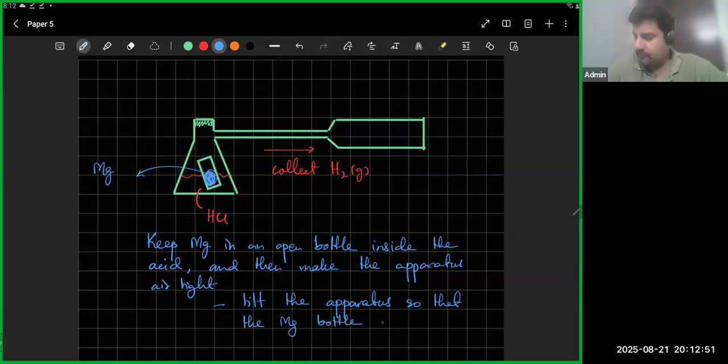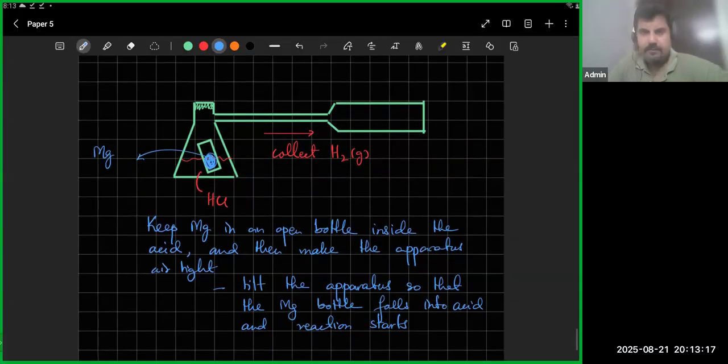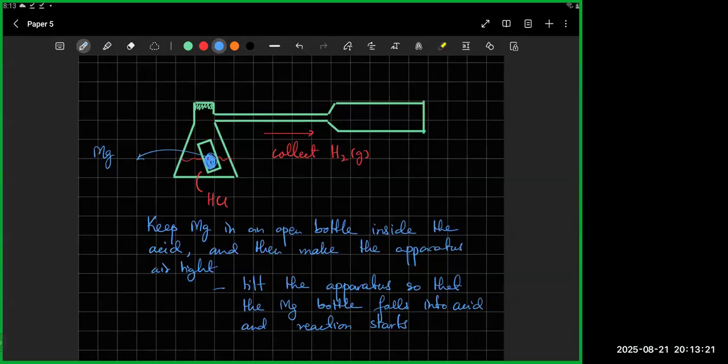Yeah, it falls into the acid, and the reaction starts. So the trouble was you can't really open an airtight apparatus, so you have to ensure at all times that the apparatus is completely closed even at the start of the reaction. Okay. So is this part clear? Yes, sir.